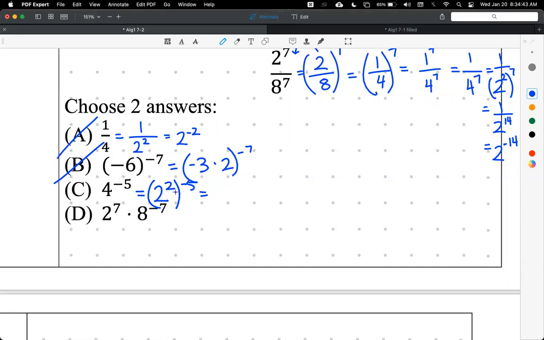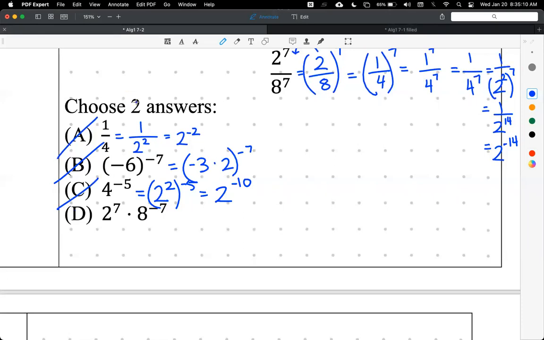And Haiti again, 2 to the power of 2 to the power of -5. What do I do with these? Do I add them? Do I multiply them? Multiply. Yep, and you get? -10. Careful. -10. Good. All right, and Haiti's answer 2 to the power of -10 is correct, but it's not matching 2 to -14, so we can cross it off.